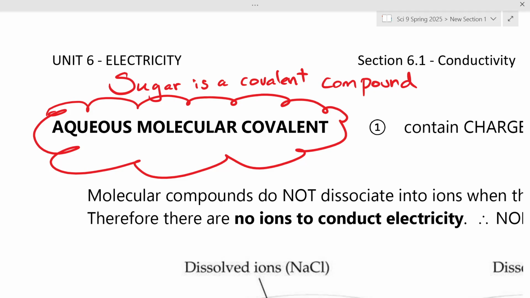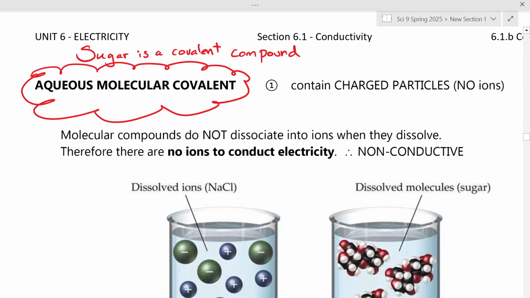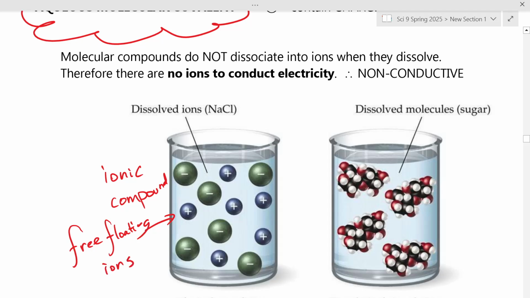And when sugar dissolves in water, let's take a look at what this is. Our ionic compound has free floating ions. And you can see there's negatives.